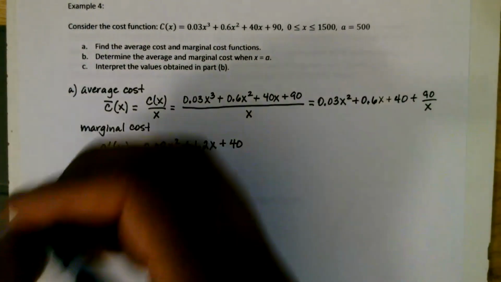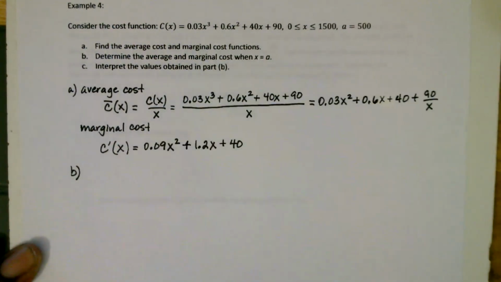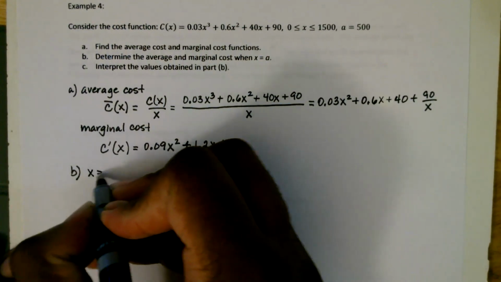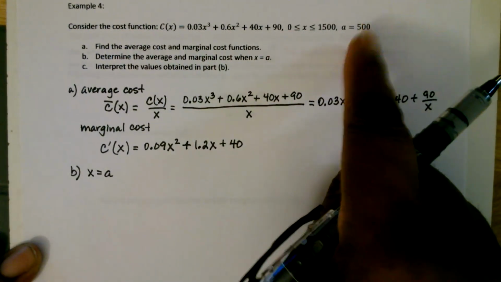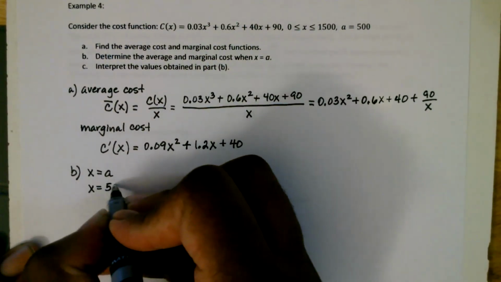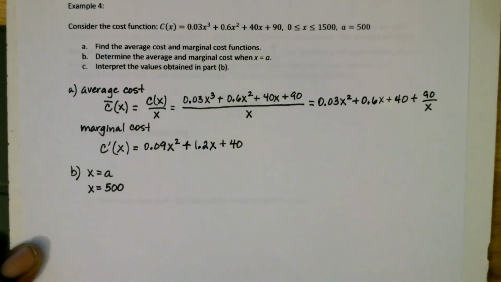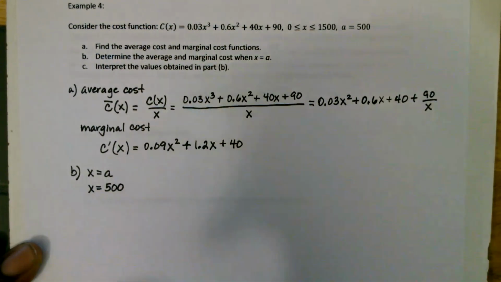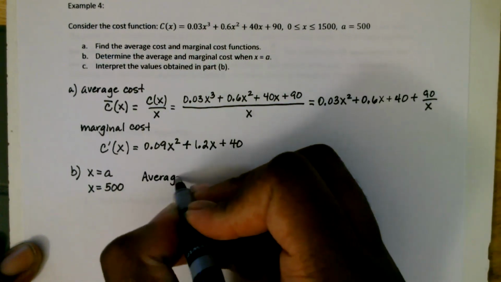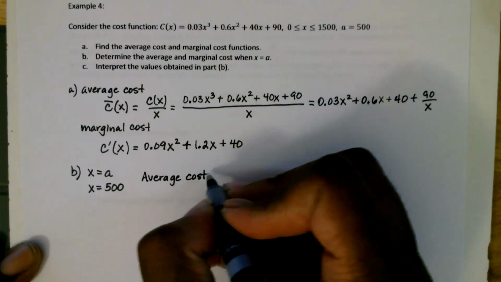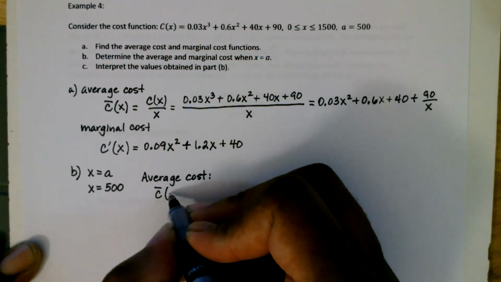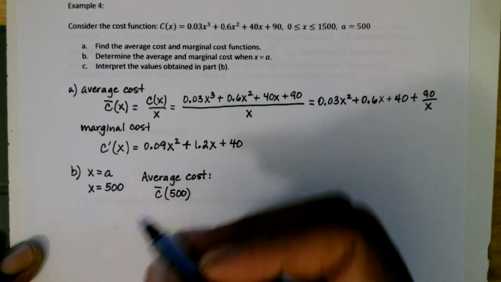Part B is determine the average and marginal cost when x is equal to a. Well, in this case, your a was 500. So I'll just replace that a with 500. That is what x will be, 500. So now to find the average cost, we take C bar of x, which is 500.